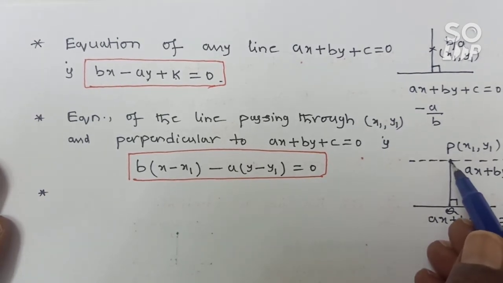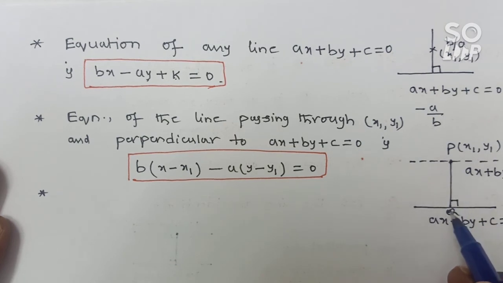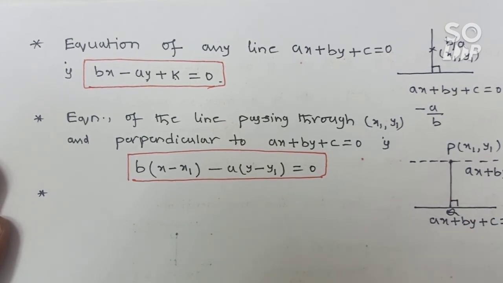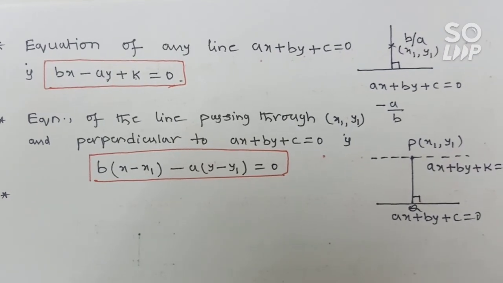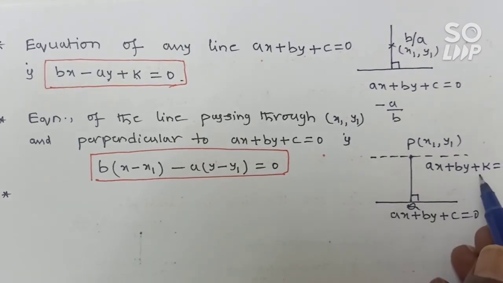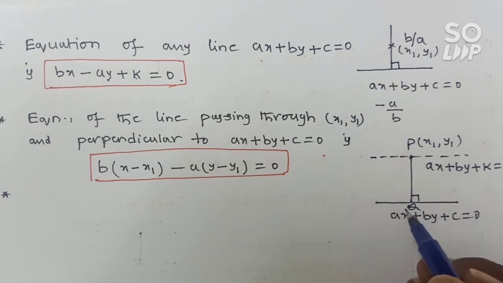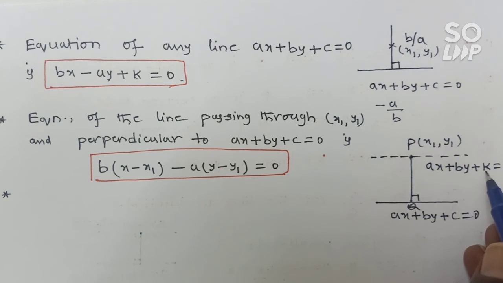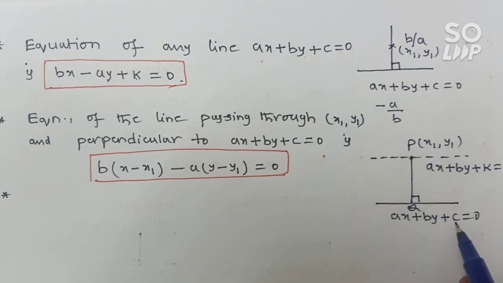Now here, the perpendicular distance from this point means you have to find that PQ value. First of all, what is that PQ value? It is the distance between the parallel lines, that is the modulus of k minus c.